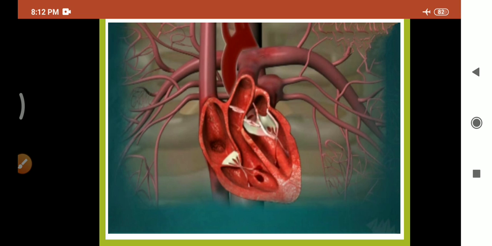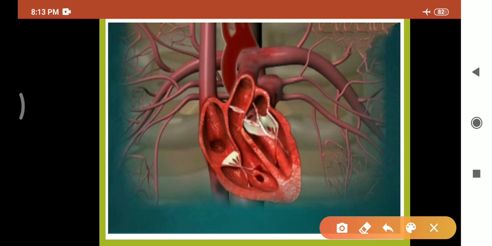Okay, so for a few minutes of revision, the heart is divided into four chambers. The heart has four chambers and is divided into two sides, the left side and the right side.